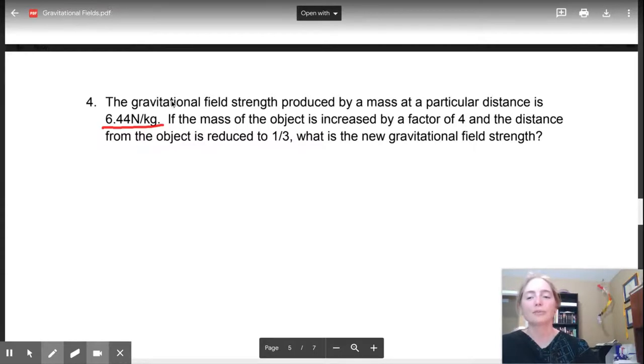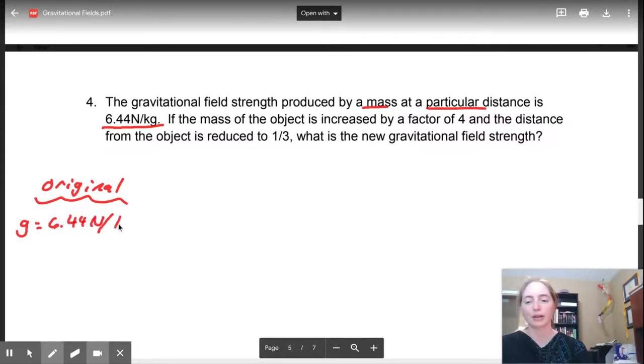So, ladies and gentlemen, the gravitational field strength produced by a mass at a particular distance, so we don't have the mass, we don't have the radius, is 6.44 newtons per kilogram. Okay, so here is our original. We have our g is 6.44 newtons per kilogram.